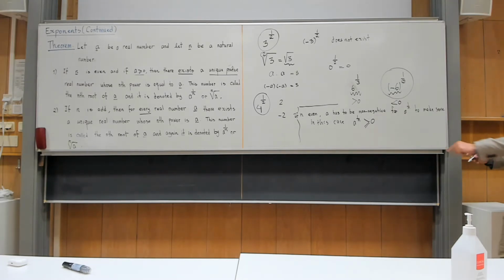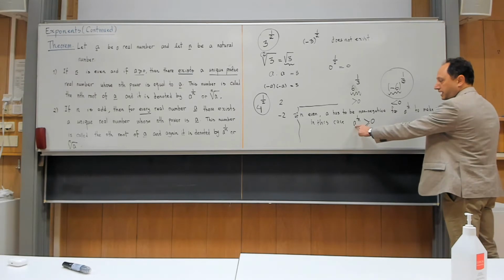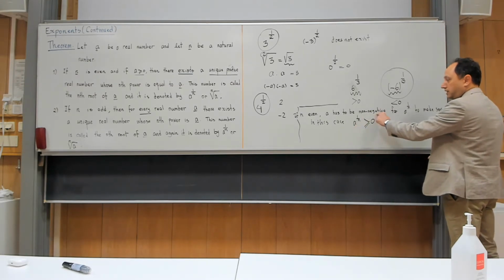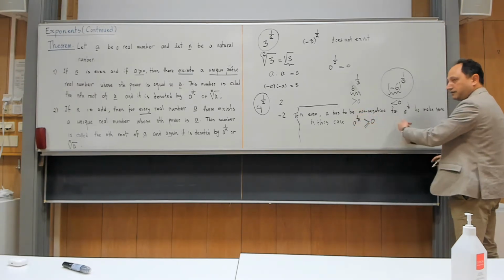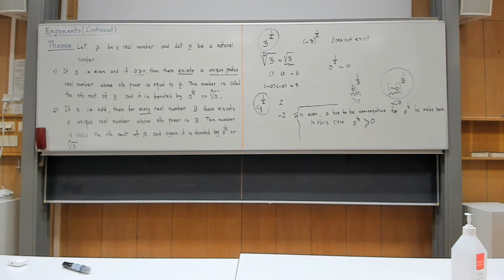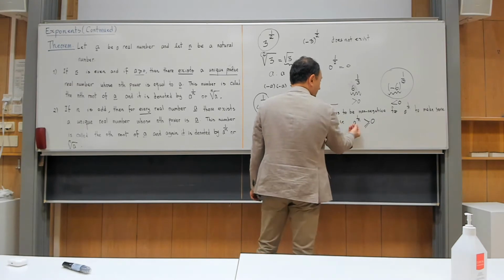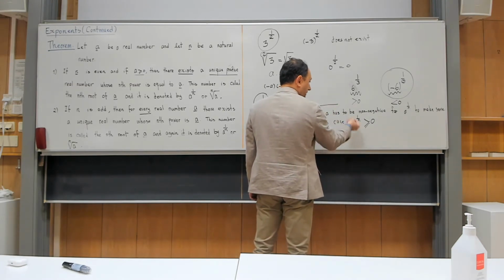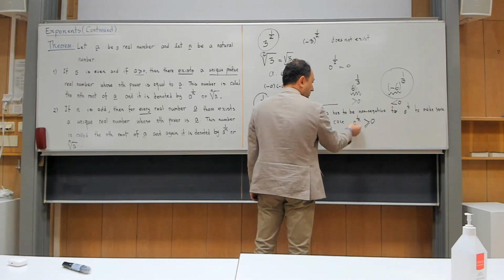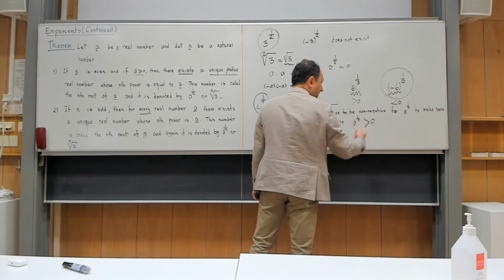So not only the number that I put here as an input should be non-negative, the output itself is also non-negative. This is very important in the future. So I cannot feed this with a negative number. When I feed this with a non-negative number, the output of it is again a non-negative number.